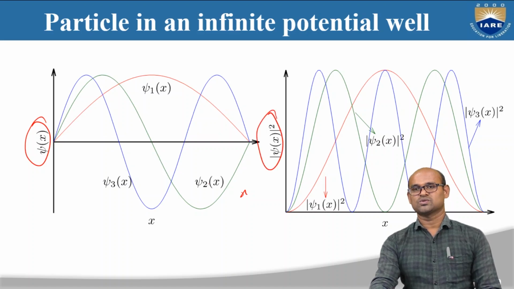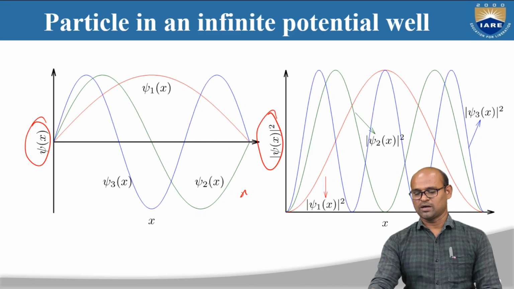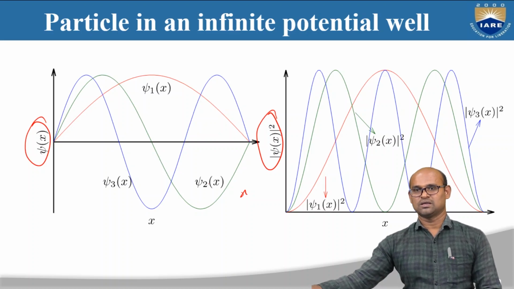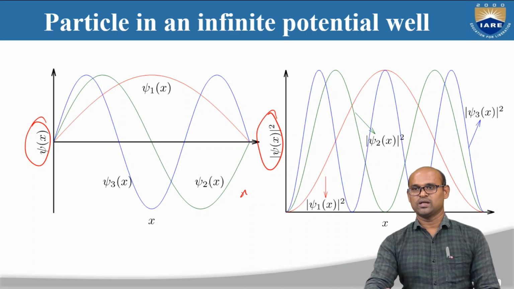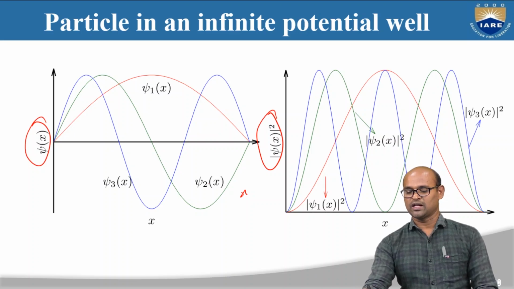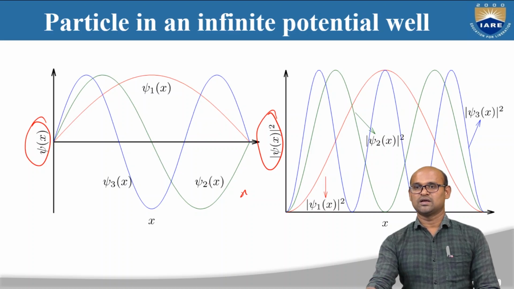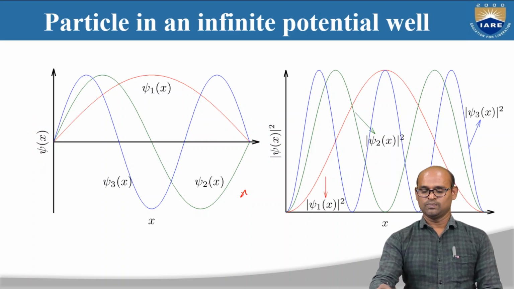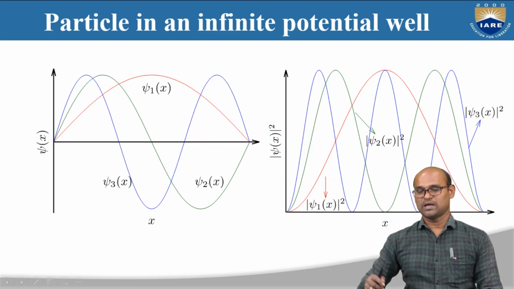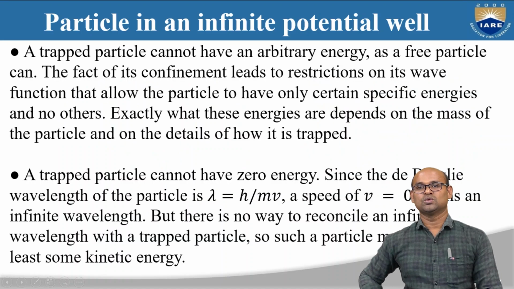So mod psi of x square tells us about the probability of finding the particle. So you can see that it is positive throughout, because mod psi square is a probability of finding the particle in different energy levels. You can see in different energy levels, red is 1 and green is 2 and blue is 3. So we have calculated the probability of finding the particle in different energy levels.